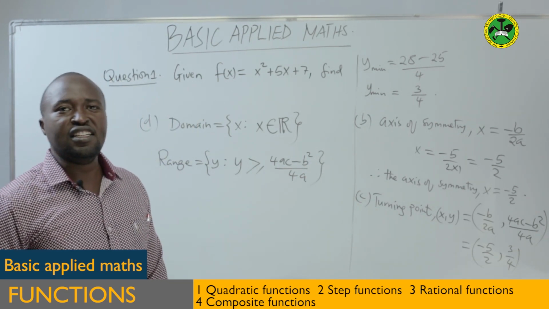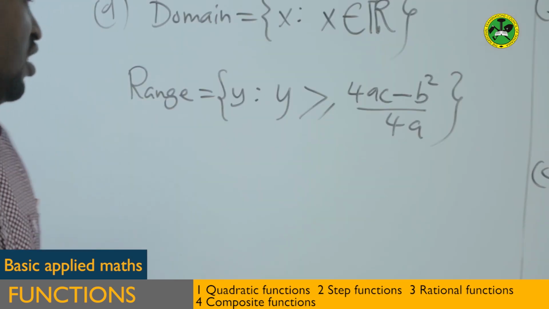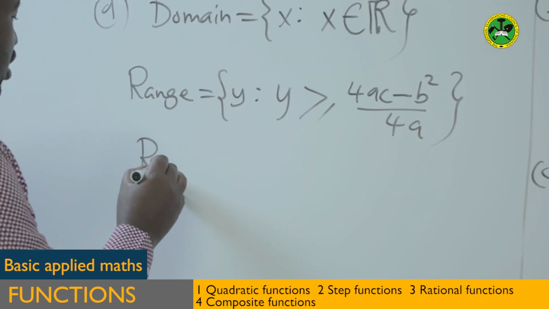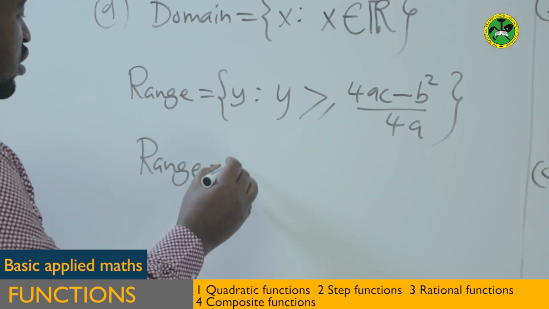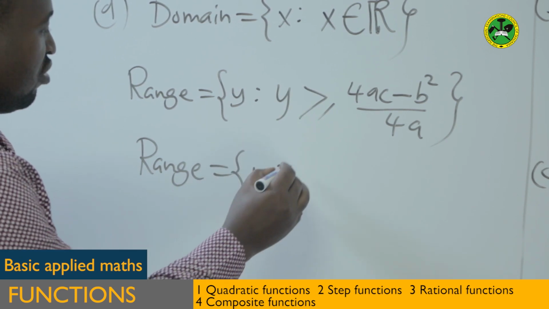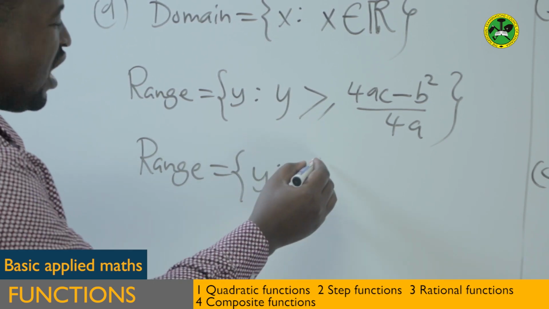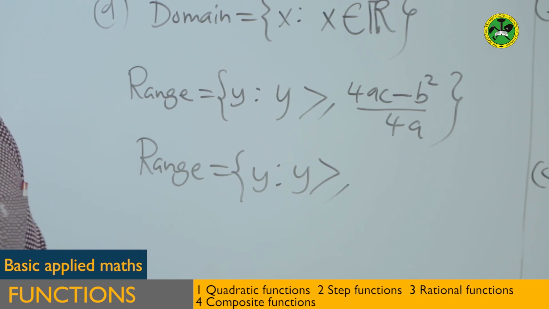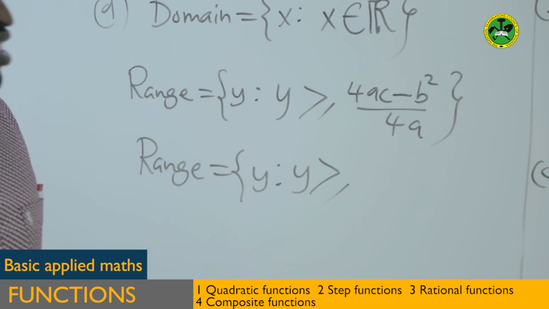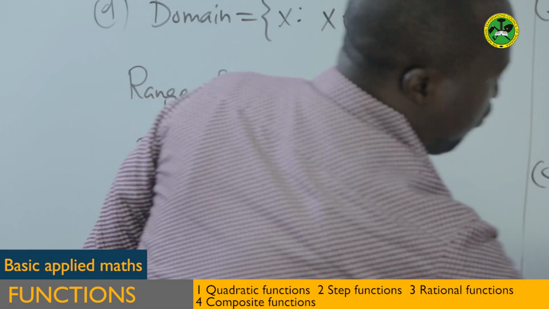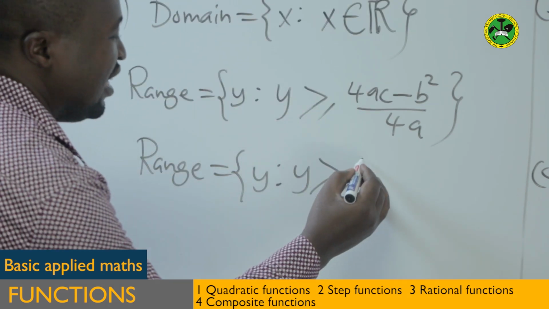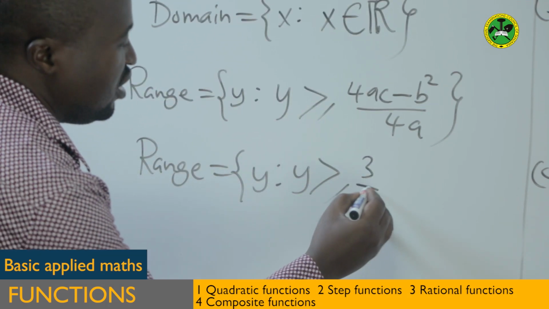That is how to find the minimum value of y. Now the range for the quadratic function will be y is greater than or equal to, and we already have this value, which is 3 over 4.